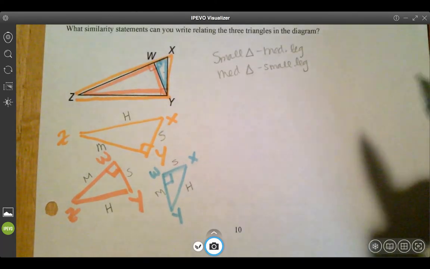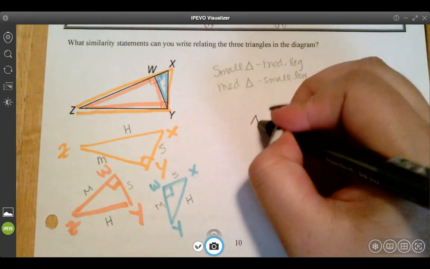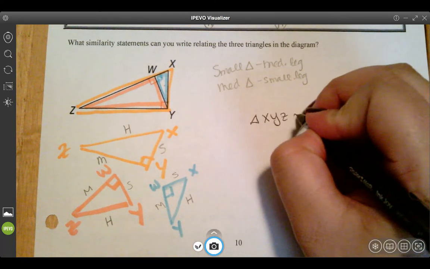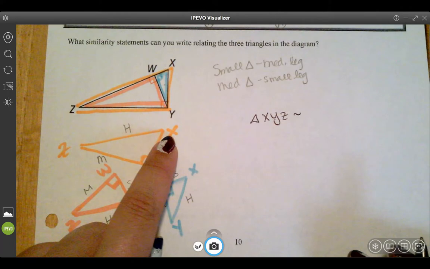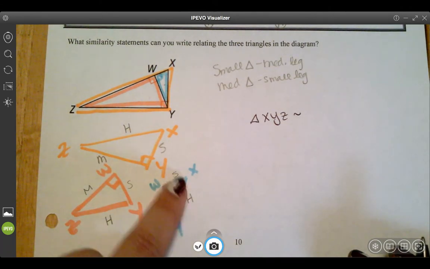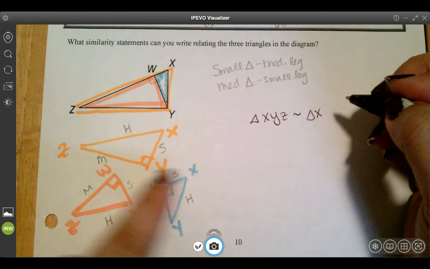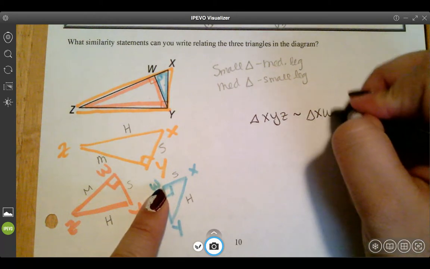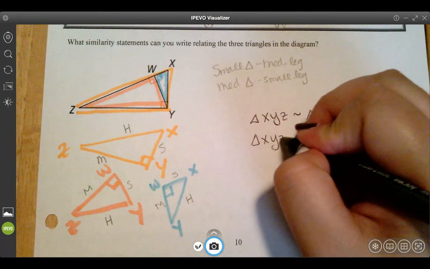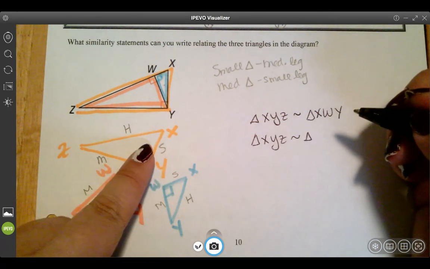So if we want to write our similarity statements, we'll start with our big triangle, triangle XYZ is similar to, X is between small and hypotenuse. So if we do our small triangle, between small and hypotenuse is triangle X, Y goes along the small side, X along the small side takes W, Y. Then same thing, triangle XYZ is similar to, again, X starts between small and hypotenuse.